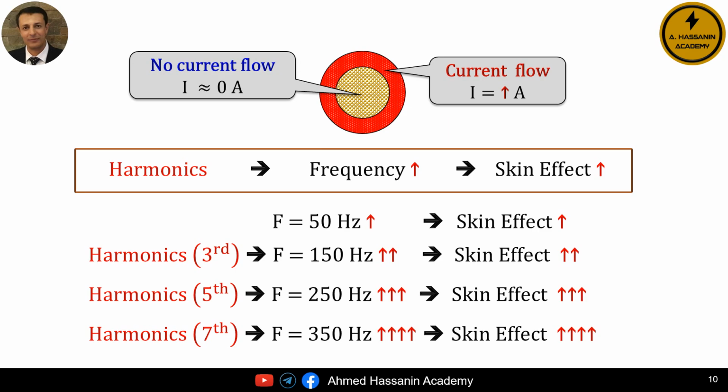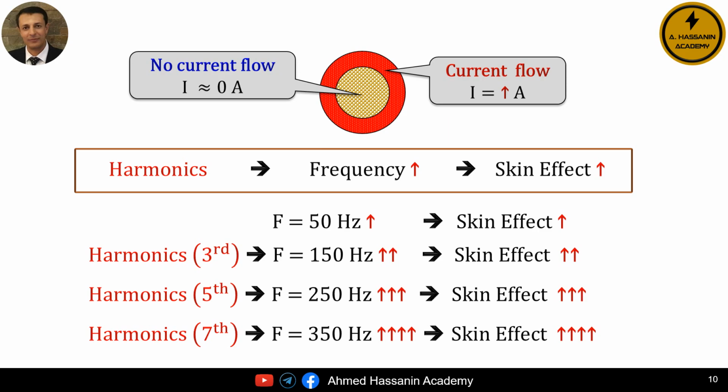As we see, the more harmonics increase, the higher the frequency values will be, and consequently, the skin effect phenomenon will also increase. This means that the tendency of the current to be expelled to the outer layer of the conductor will increase. So, is it really possible for harmonics to exist in the electrical network or AC circuits with orders higher than the third, fifth, or seventh?